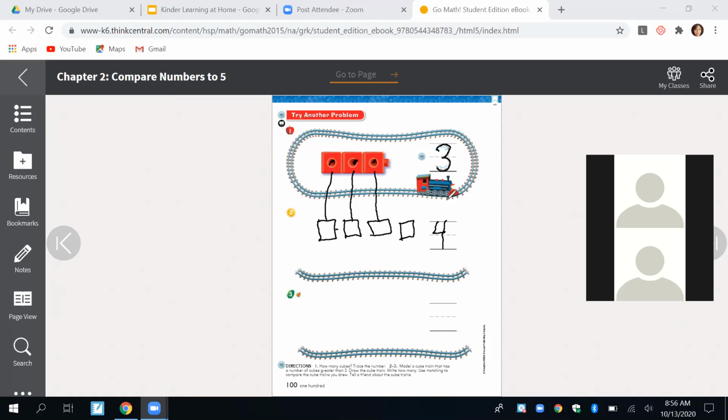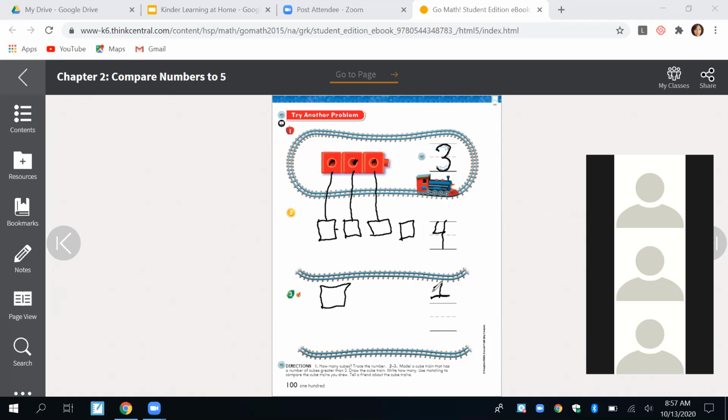Any number less than 5. 1. Oh, this is going to be hard. I have 1. Now, to compare, can you give me another number less than 5, but that is greater than 1? 2.